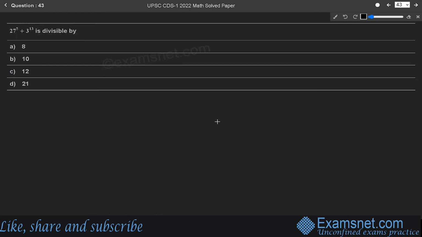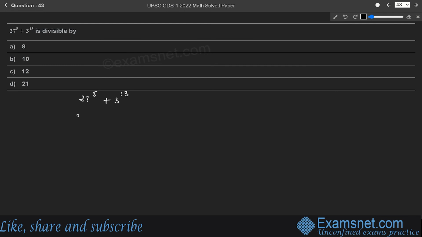Next question is, 27⁵ + 3¹³ is divisible by. See, the number is 27⁵ + 3¹³. Now we have to calculate its value and find that it is divisible by which of the following options.